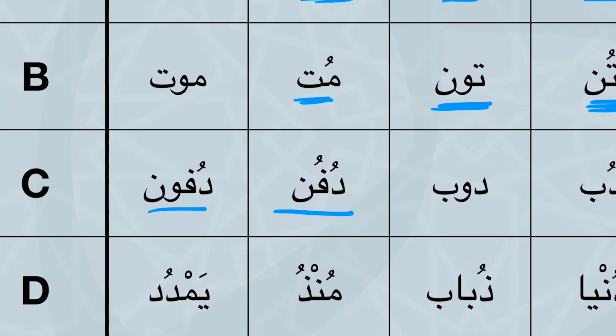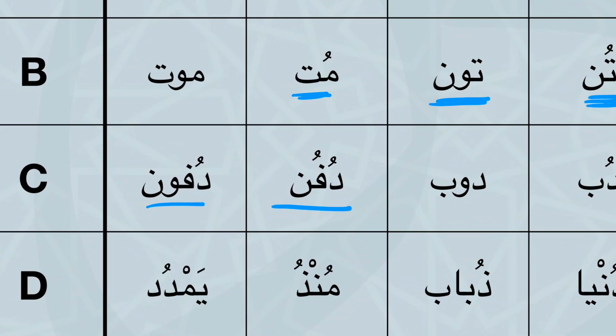There's a dhamma on the dal. The fa has no vowel, but there's a waw, and it's a long oo vowel. So how would I read this? Remember, we read this as dufun. This one would be doofun, almost double the sound of dufun.